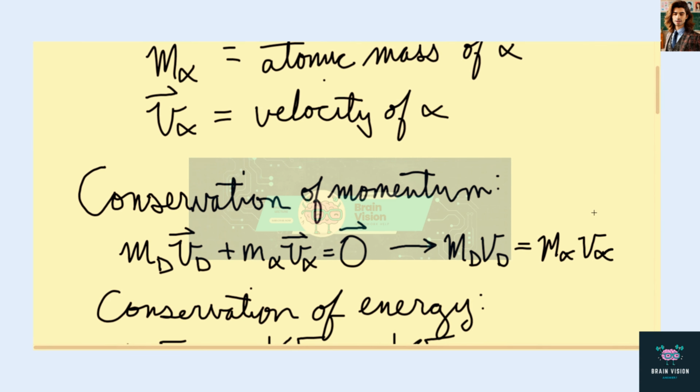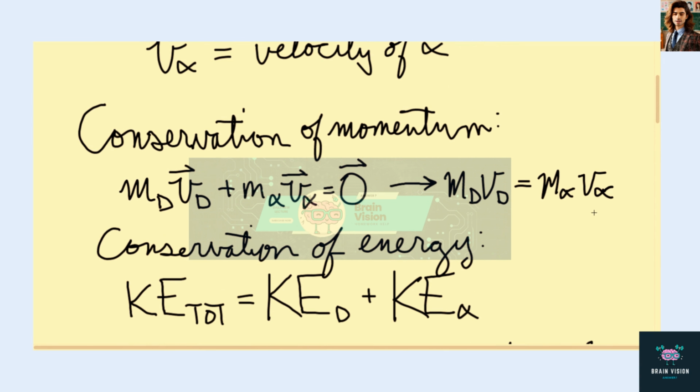The second property we will utilize is conservation of energy. Since there's no mention of potential energy in this problem, all that we're considering is kinetic energy, and energy is conserved as follows. The total energy of the decay process is equal to the kinetic energy of the daughter nucleus plus the kinetic energy of the alpha particle.